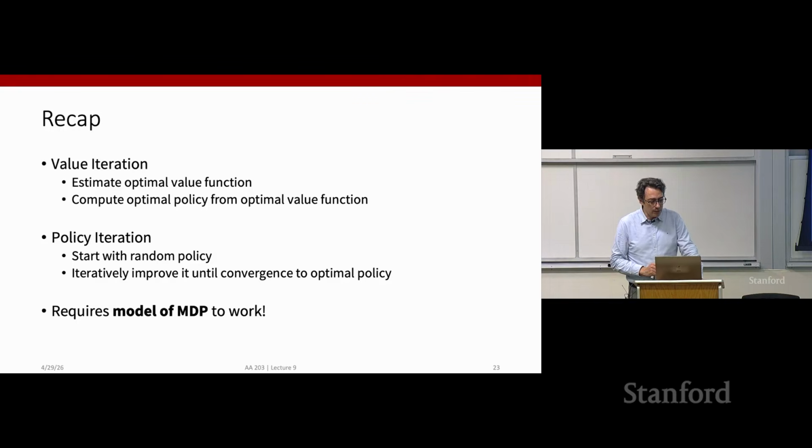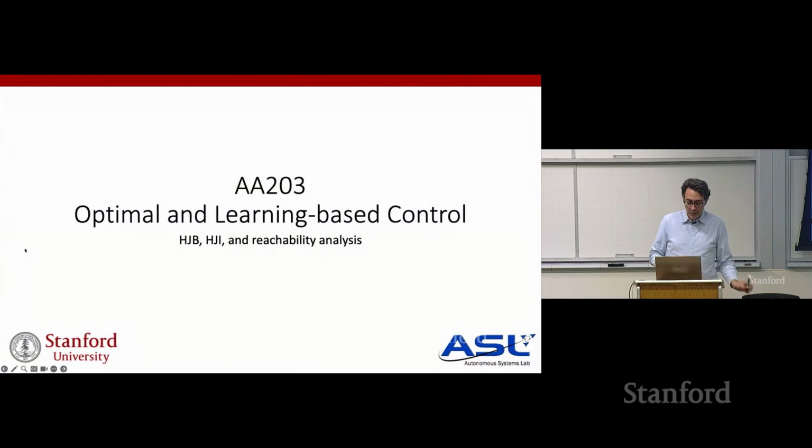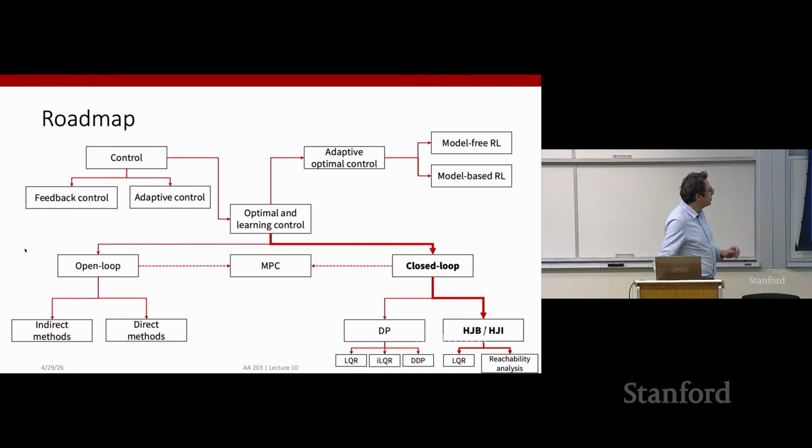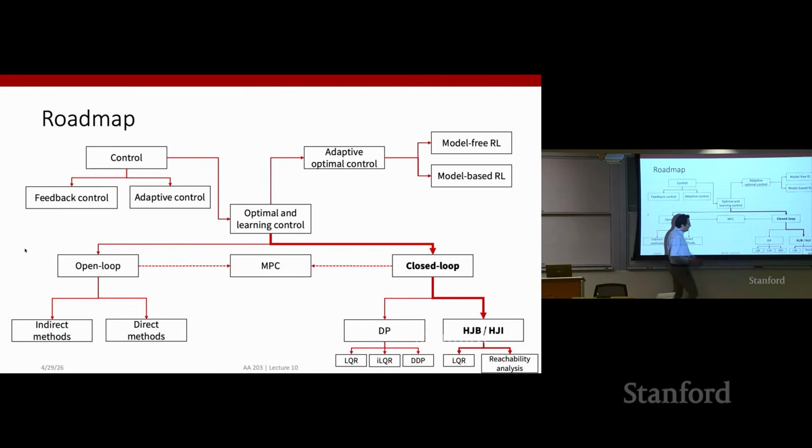So what we're going to do now is go back to the deterministic setting, but explore the complementary dimension whereby instead of reasoning in finite time, we reason in continuous time. Going back to our agenda, we have discussed at length this branch: finite horizon, closed loop optimal control through the lens of the Bellman equation and dynamic programming.